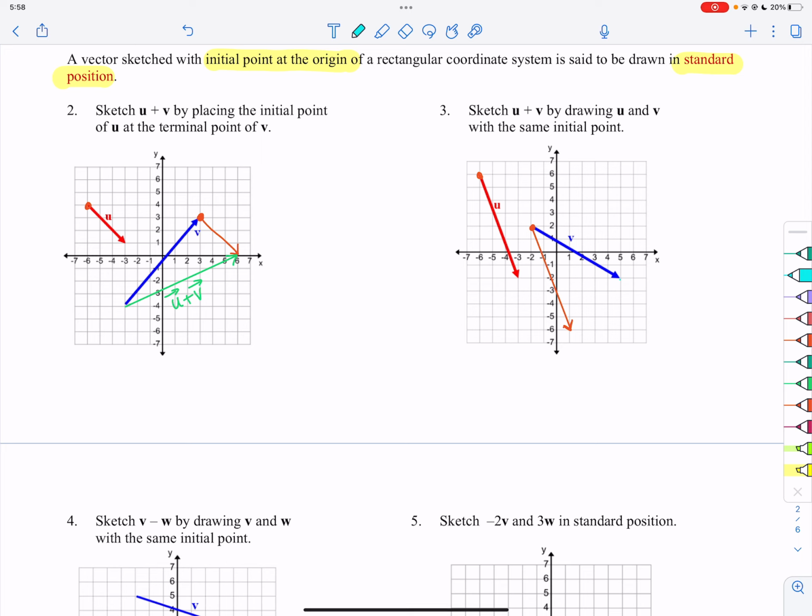It's not going to be perfect. But what am I looking for? I'm looking for this right here where I could find that diagonal. And now I could say that this is u plus v. I didn't do the best job there, but I guess you can kind of see that. Made it a little bit too long.